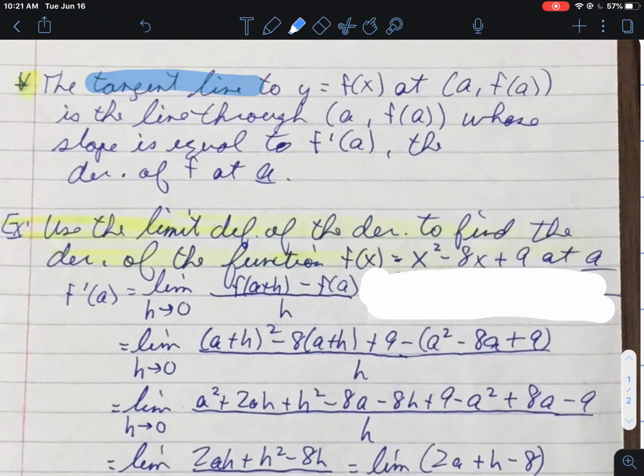Now we're saying the slope of the tan line would be the line through that point whose slope is equal to f prime of a, which is the derivative of f at a. So it's just tying together everything we've been talking about. The slope of the tan line at a is the derivative of our function at a. Those are one and the same.